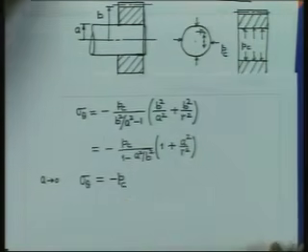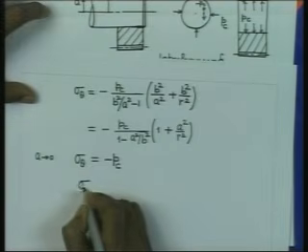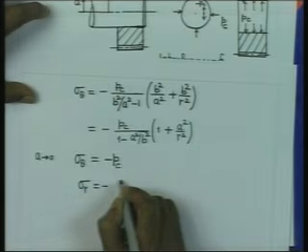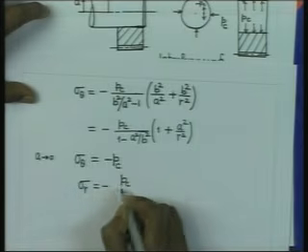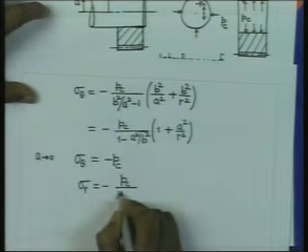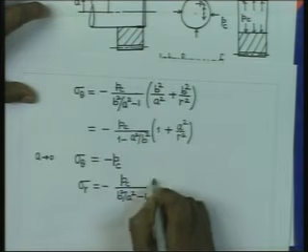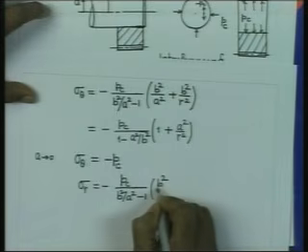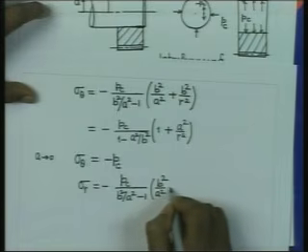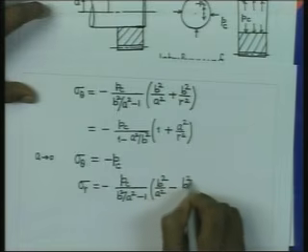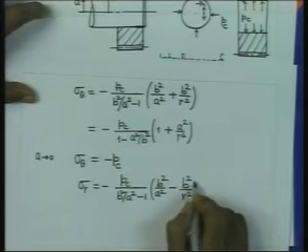Now, if we also look into the expression for sigma r, it was in this form Pc by b square by a square minus 1, it is b square by a square minus b square by r square.